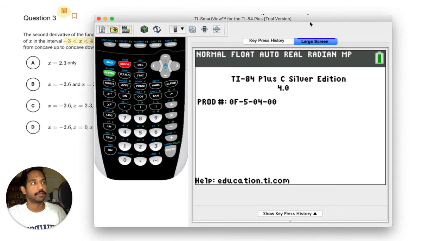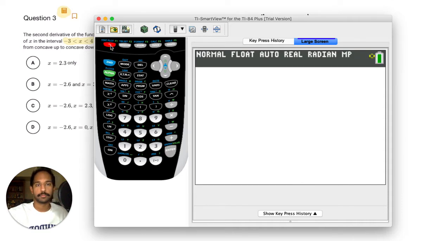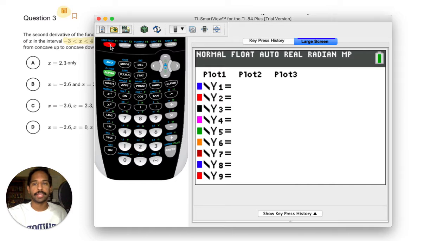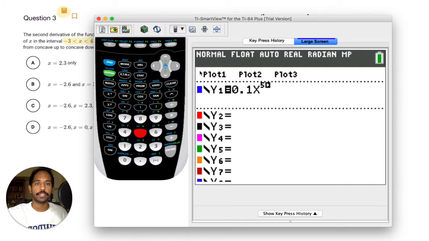All right, so here's our calculator. We're going to hit y equals, and you'll see here we need to enter our function, so you're just going to type in the function. I'm going to do it quickly: 0.1 x to the power of 5. Be careful when you do the power of 5, make sure you hit right so that moves out of the exponent.